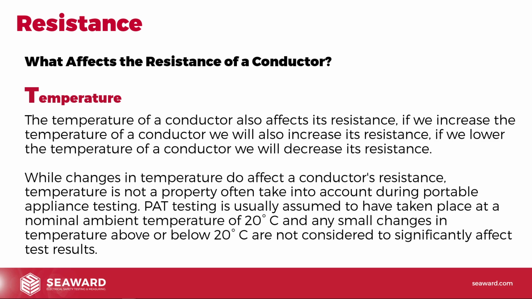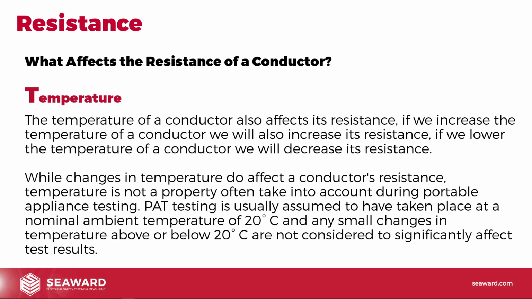So any small changes in temperature above or below 20 degrees are not really significant enough to affect the results. Yes, if we were testing at 21 degrees, we could correct it, but I think the factor for copper is about 0.005 ohms per degree C. So it is a tiny change in your readings per degree C.